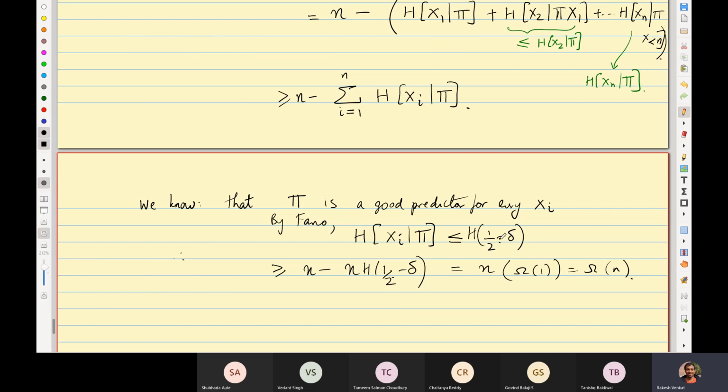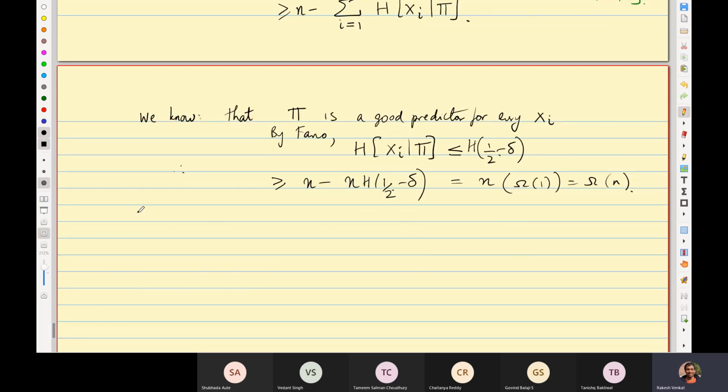So each of these is not in the worst case having error half minus delta. Rather, it has some error for every combination of, say, i and pi, and the overall average over X and i is going to be equal to delta. So there is a small thing that needs to be tackled, but with convexity, it's going to finally reduce down to this same expression.